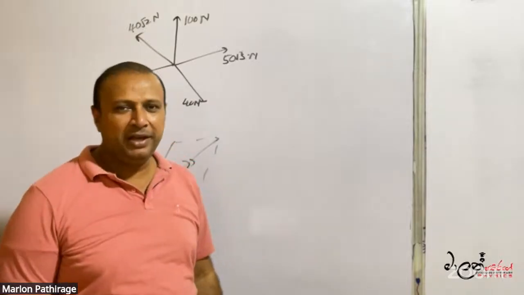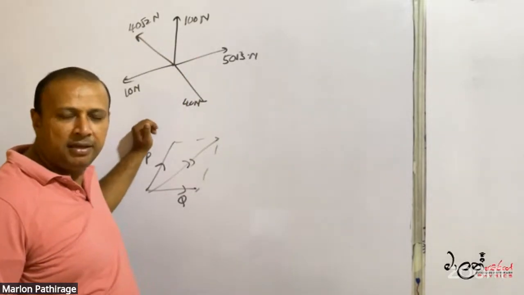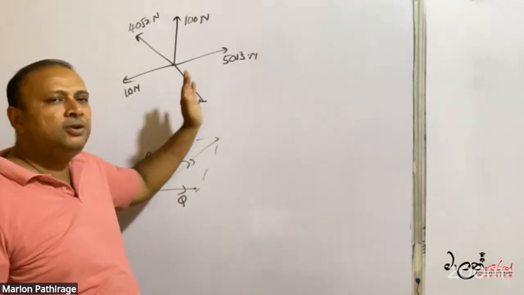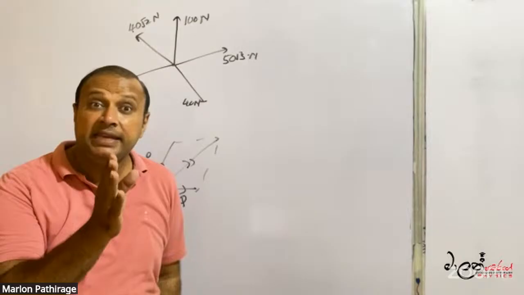Now there are so many vectors here: 1, 2, 3, 4, 5 vectors. But instead of 5 vectors, I can reduce them into 2. How to do that?